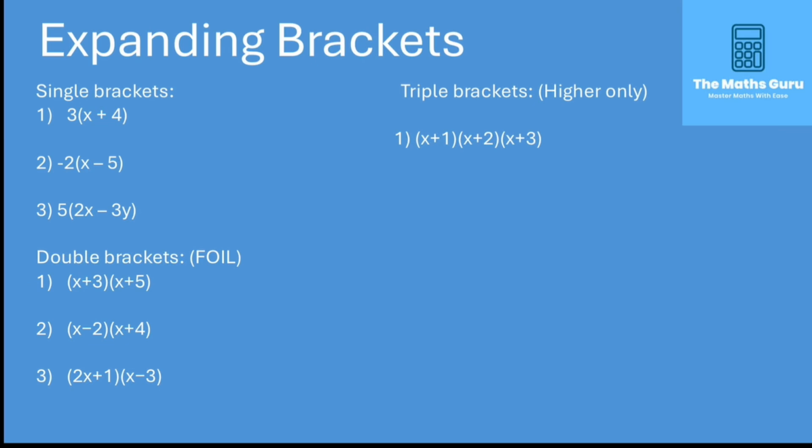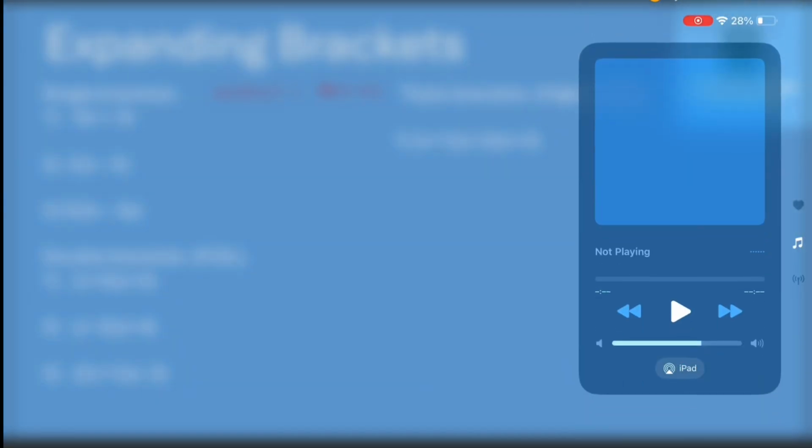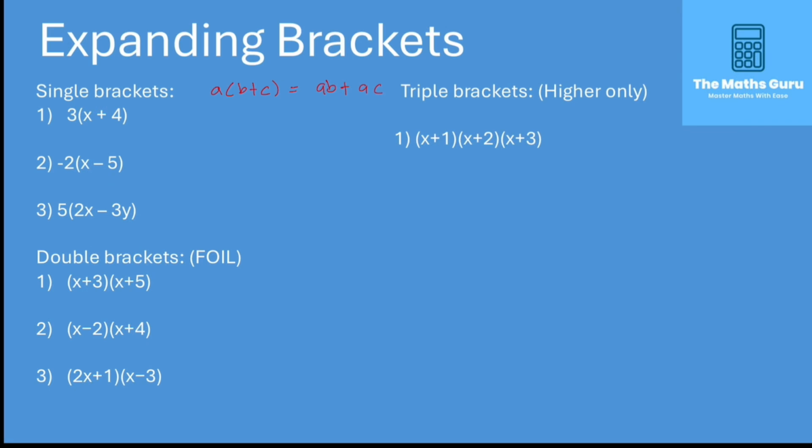So when we expand single brackets like we're doing here, they follow a very simple rule. If I was to do this, it would be AB plus AC. Let me explain what this means.